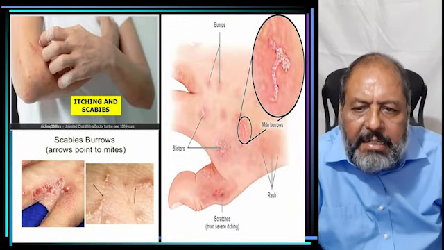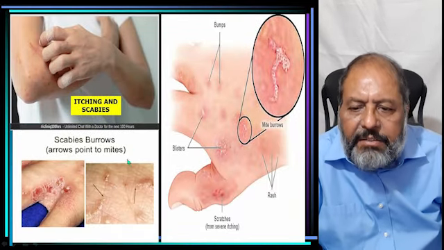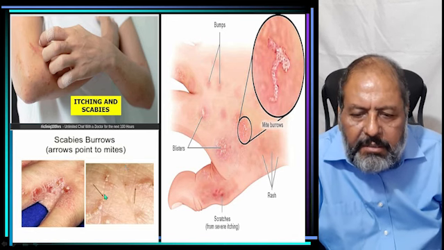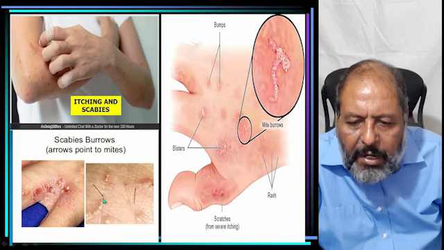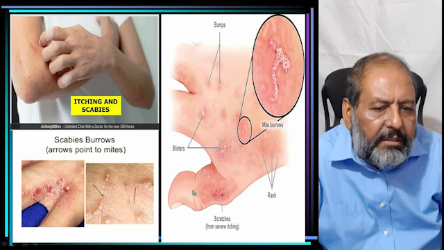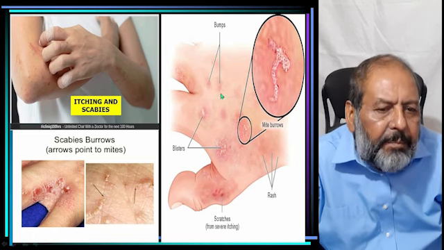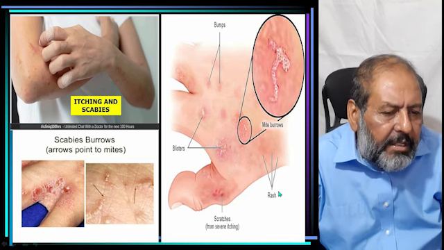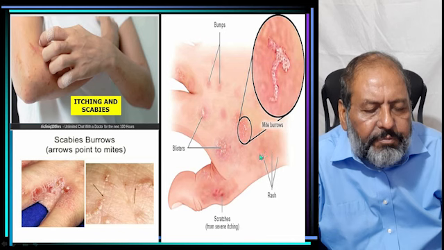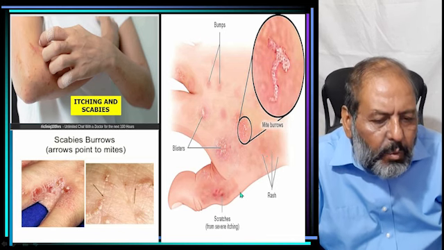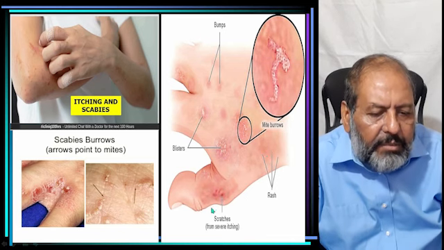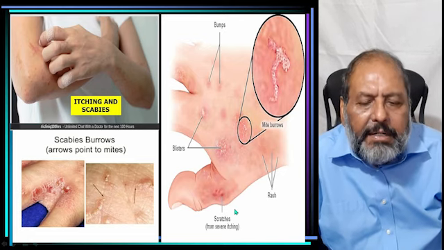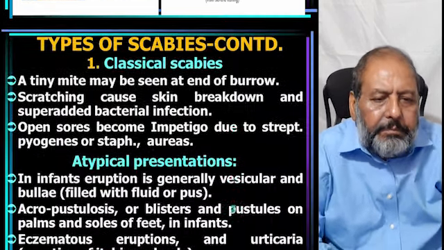So here one can see the itching and the scabies burrows, which are the tracks of the mites, and here there are bumps and blisters and mite burrows, and the rash because of the mite. One scratches from the severe itching, and that can lead to superadded bacterial infection also.